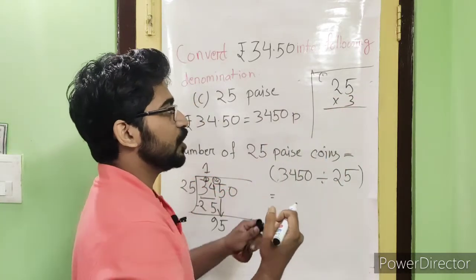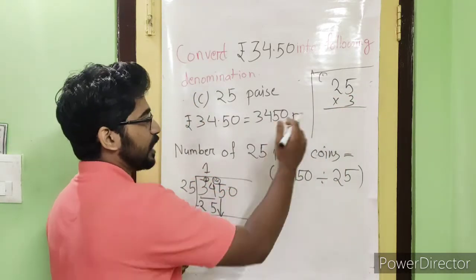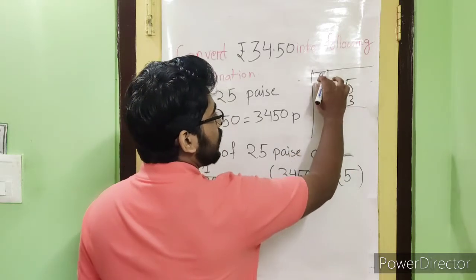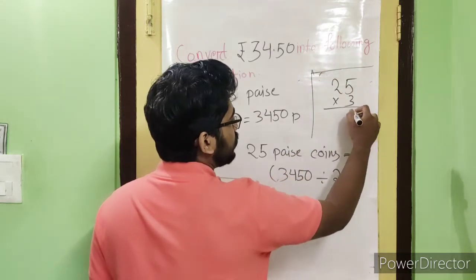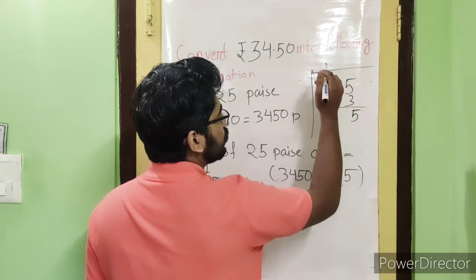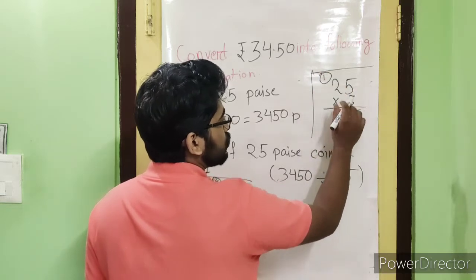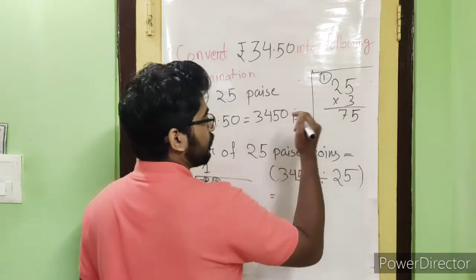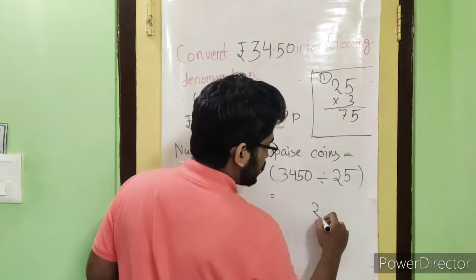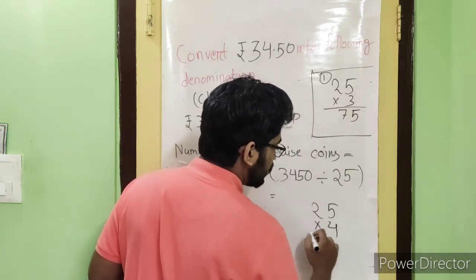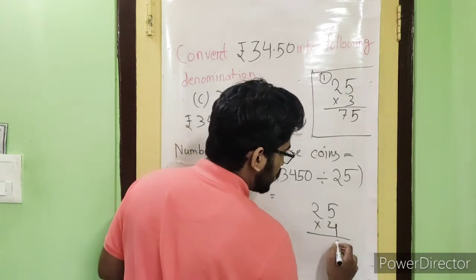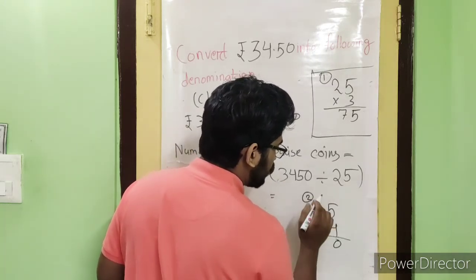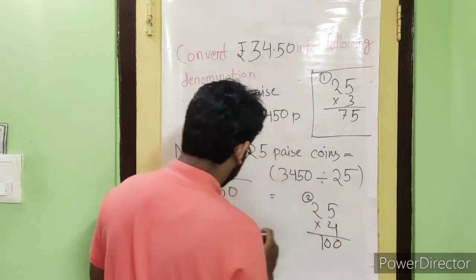Previous one was 25 multiplied by 2, now I am doing 3. 3 5s are 15, carry 1, 3 2s are 6, plus 1 is 7. So 75. Okay, 75 is also smaller, but for checking again I am doing the same. 25 multiplied by 4. 5 4s are 20, carry 2, 4 2s are 8, 9, 10.